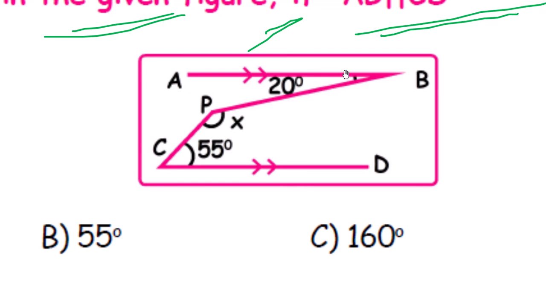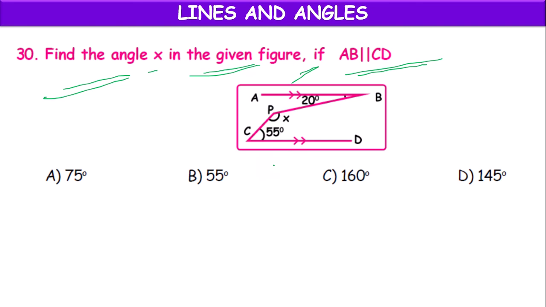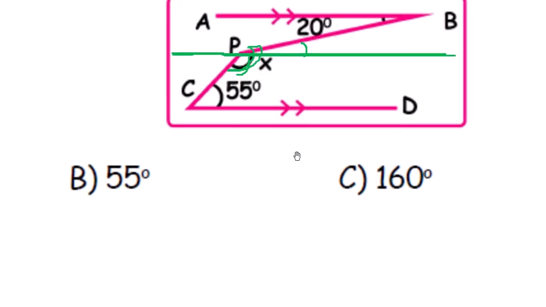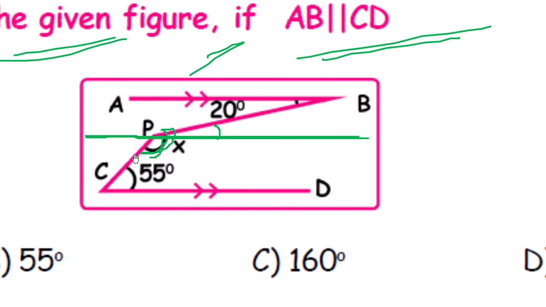For this, they have given 20 degrees here, 55 degrees here, X here. So for this, we have to do one small construction. We have to draw a line parallel to AB, indirectly parallel to CD, so that this angle X will become two parts, upper part and below part.